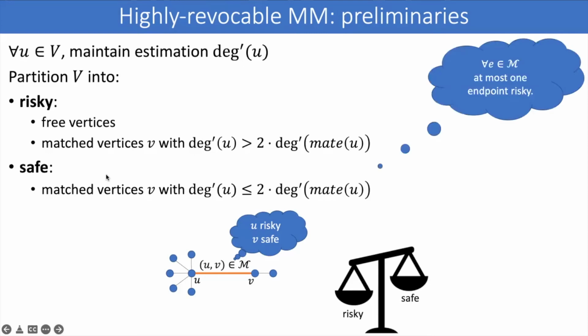From the definition, it follows that each matched edge contains at most one point that is risky. The intuition behind the names is that safe vertices have enough credits for scanning their entire neighborhoods when they become free, whereas risky vertices might not have, and we have to use some workarounds.